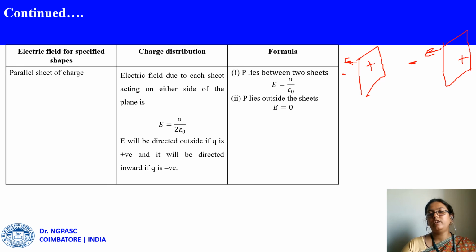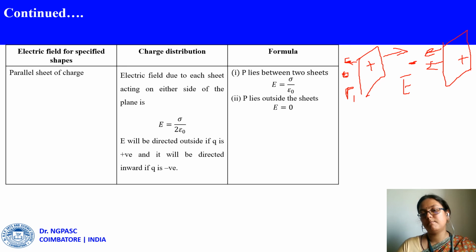So at this point P1, if I say this is P1, then there will be addition of those two. And in the middle, the field from the plus charge will be coming here and this will be coming here, so this will be E1 minus E2 in the middle point, so that will be 0.